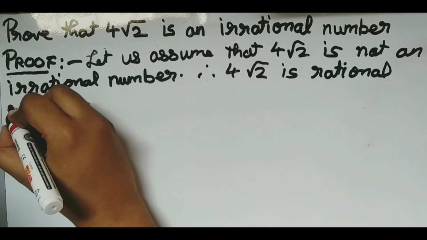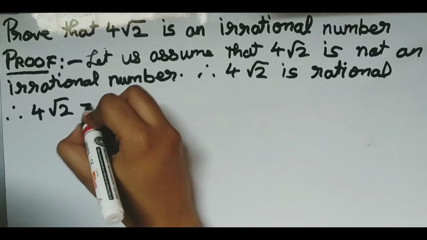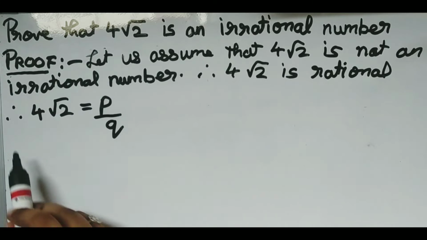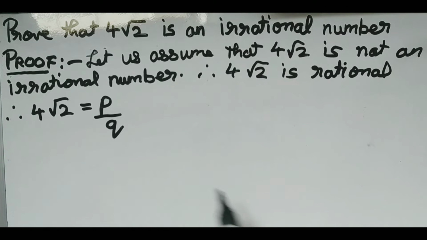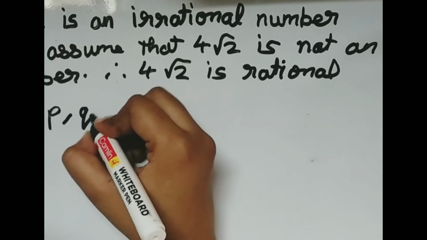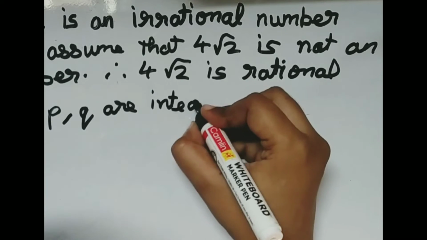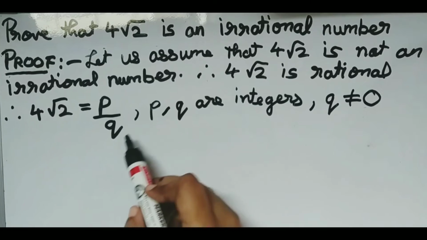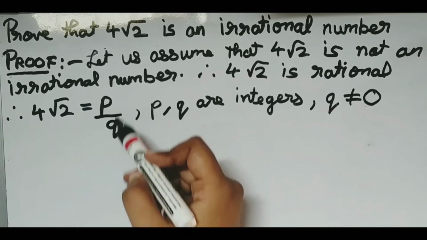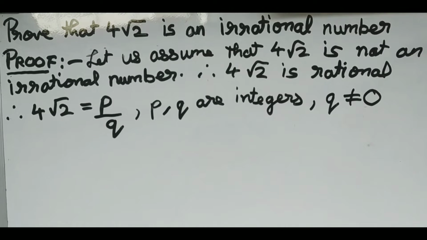Therefore 4 root 2 equals P upon Q. Any rational number we can write in P by Q form, where P and Q are integers and the denominator Q should not be equal to 0.